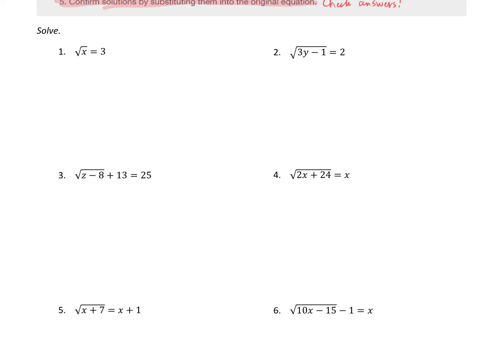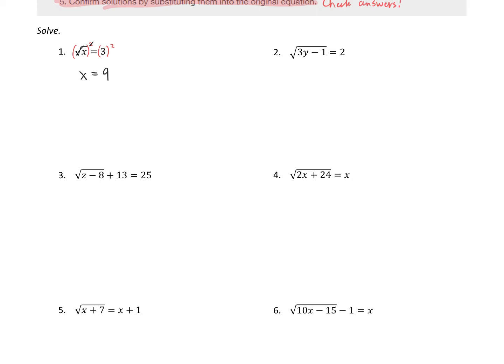So at that point, I can undo the radical by raising it to a power. Since it's a square root, I'm going to undo the square root by squaring it. Whatever I do to one side of the equation, I have to do to the other. So I'm going to square both sides. The square undoes the square root and just leaves x on the left-hand side.